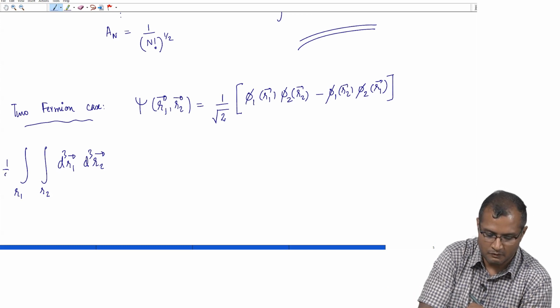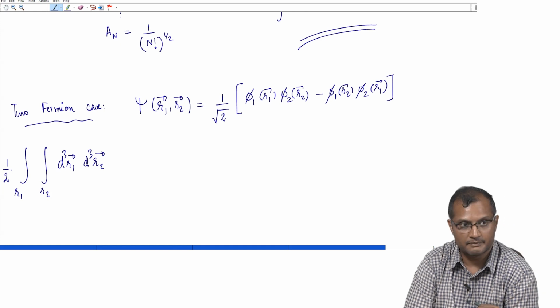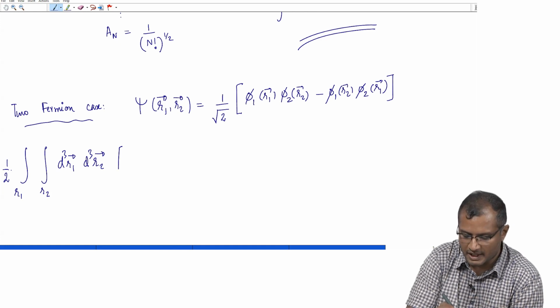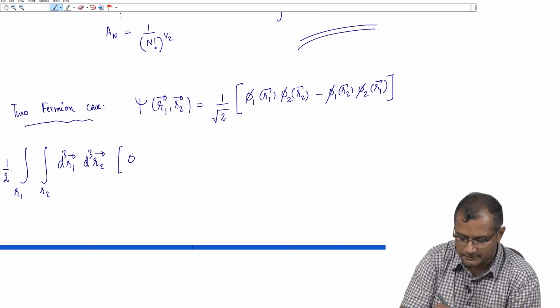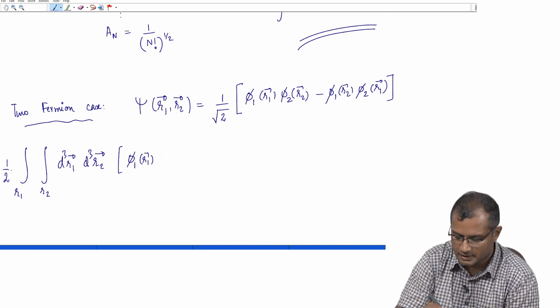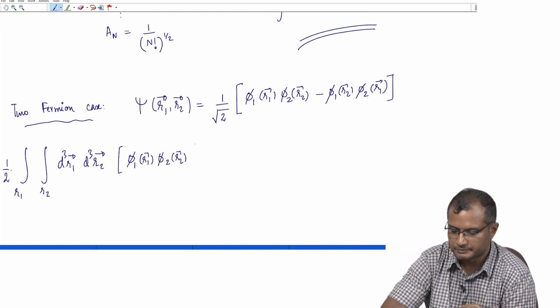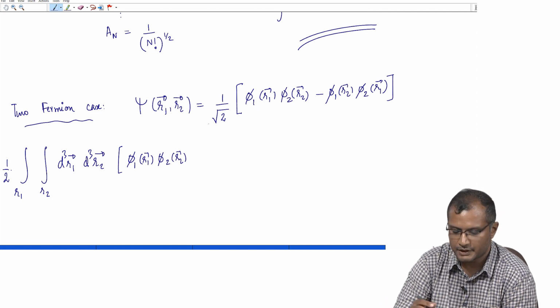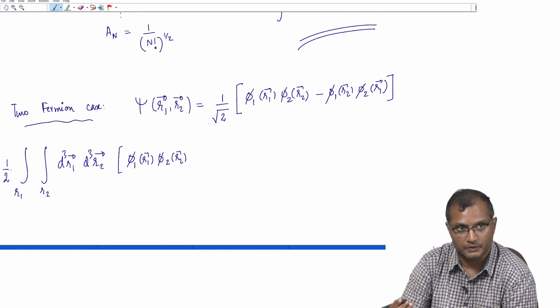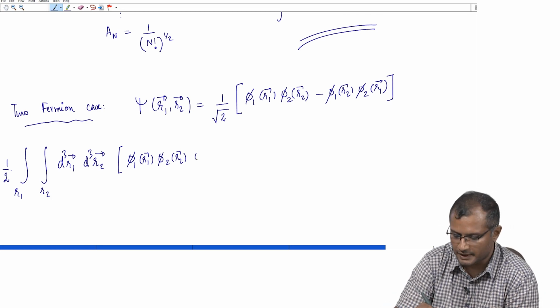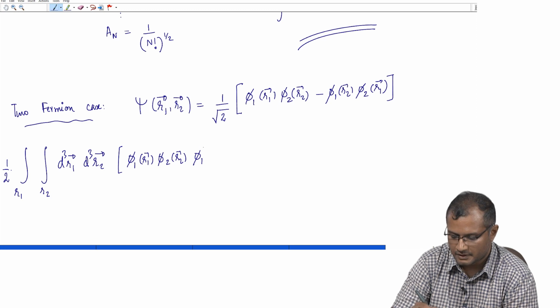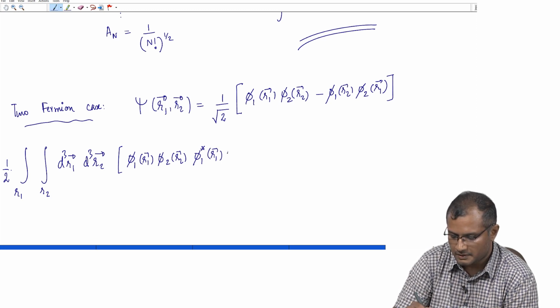So, there is a 1 upon 2 that comes outside, and what you have is basically phi 1 r1 into phi 2 r2 multiplied by its own complex conjugate. Okay. So, I am going to write down phi 1 star r1 into phi 2 star r2.